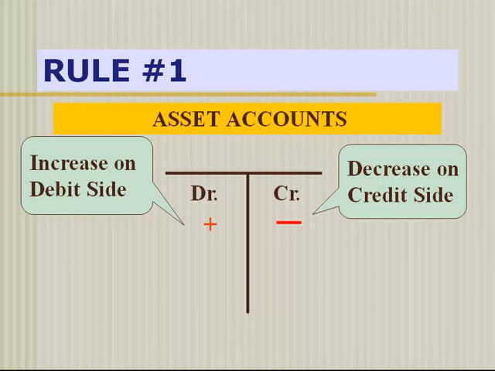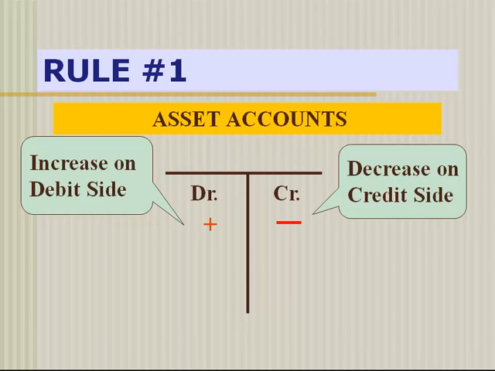Rule number 1, assets. And again, this is all assets. All assets are increased on the debit side and decreased on the credit side. That's what I mean by it's confusing, because when you go to the bank and say, I want to use my debit card, that means they're taking money away from your account when they debit your account.